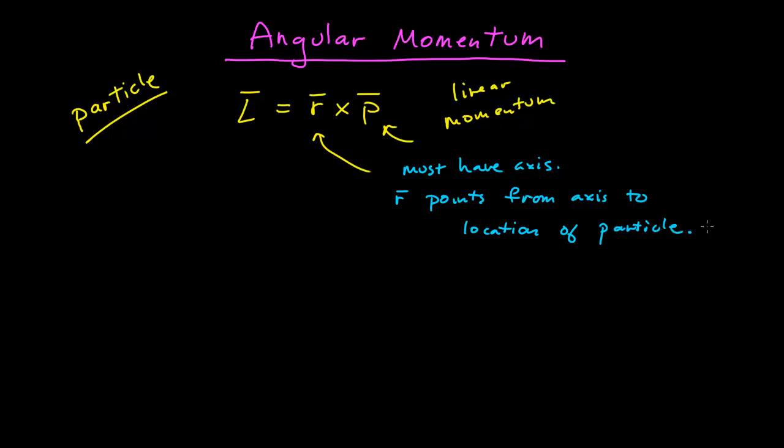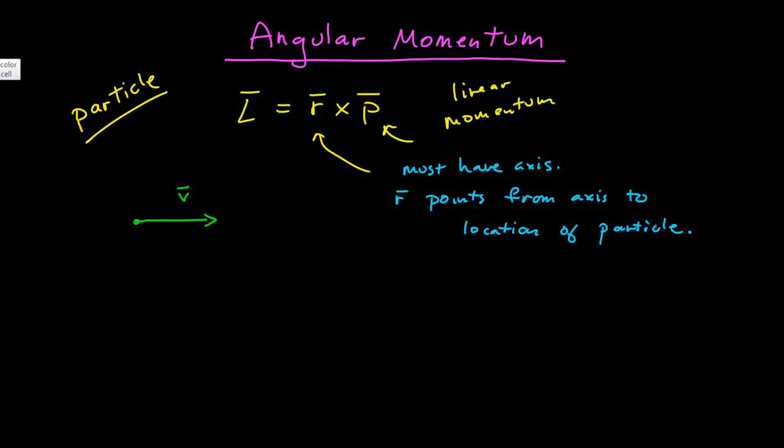So, with our understanding of what R and P mean, we can define angular momentum and we can calculate it. So, does a particle moving in a straight line, some linear velocity v, have angular momentum? It can, certainly.